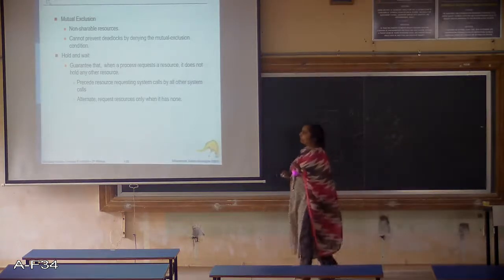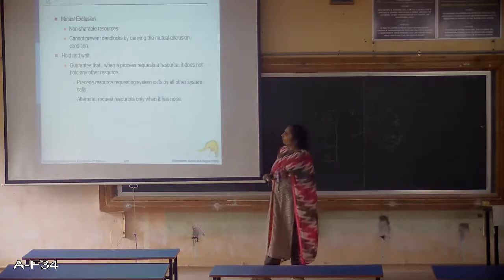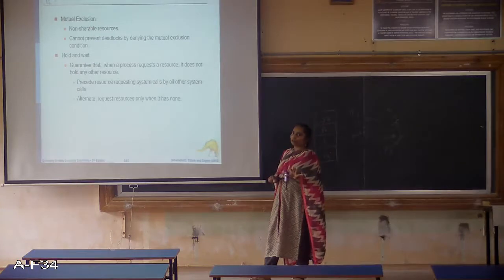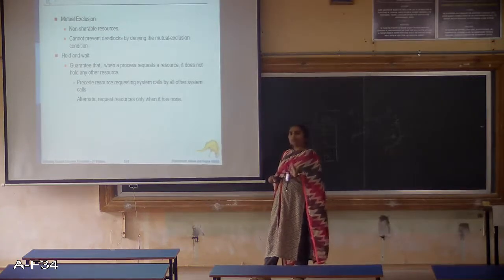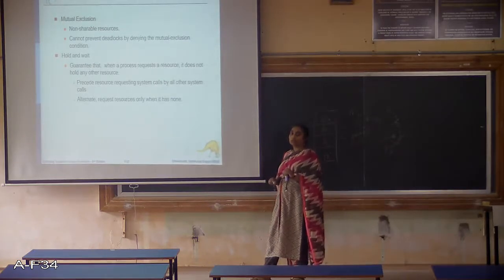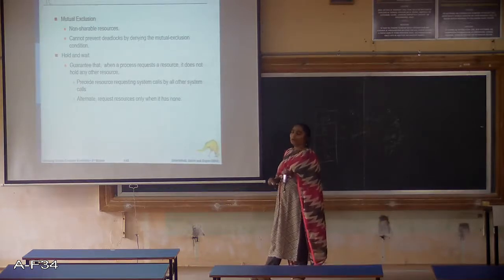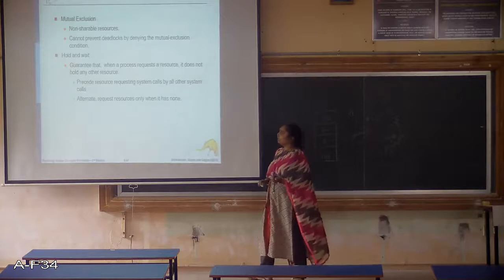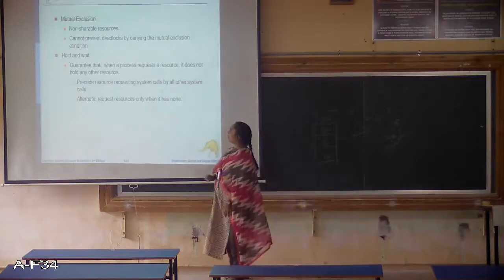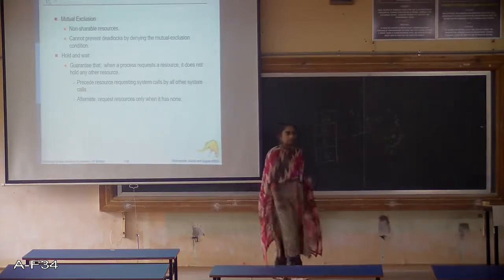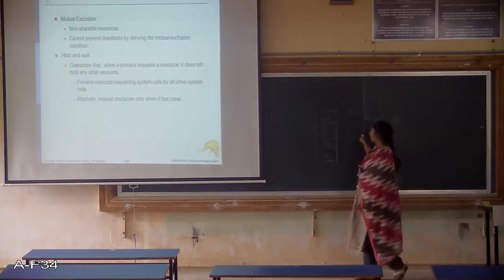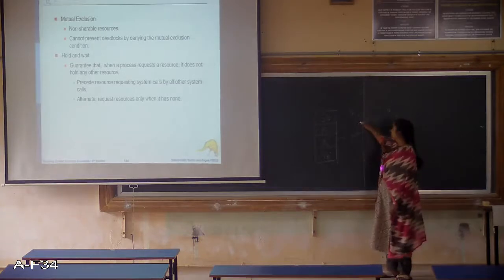Right? So that is one thing you can do. You can make sure that all resources are allocated to the process at the beginning and then when it finishes it will release all those resources. That is how you can take care that hold and wait does not occur. Alternatively, you can allow requesting resources only when the process has none.